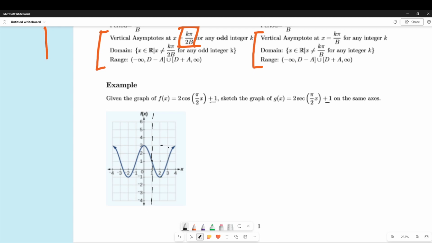Anywhere we cross that midline, we get vertical asymptotes. And so on and so on.